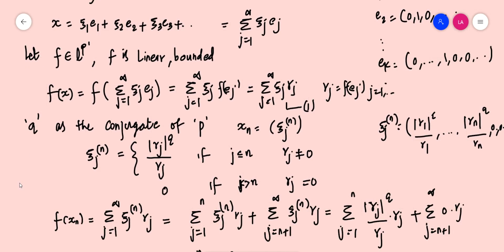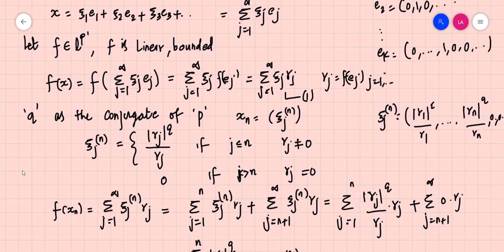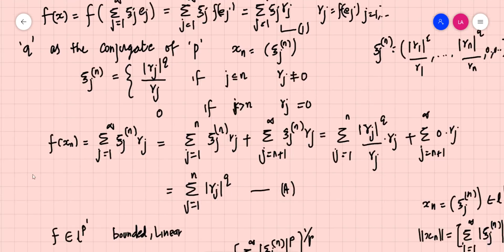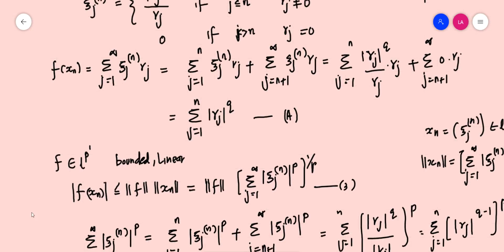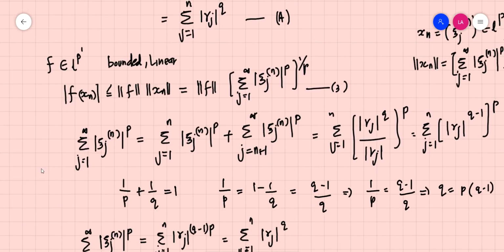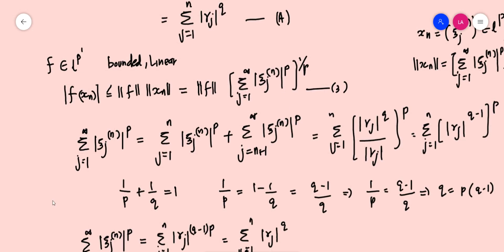And now the objective is to somehow relate the norm of x or y in LQ to norm of f. That's our objective. For that, we define a sequence and find the value of f of xn, and then f is bounded, which implies this inequality holds.